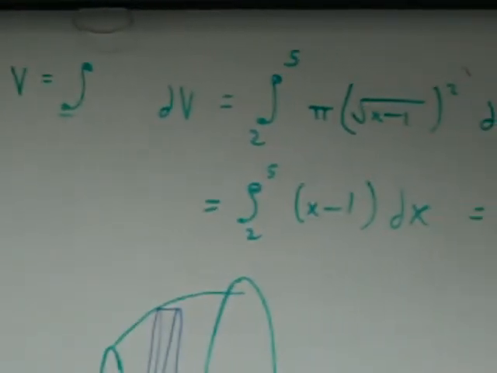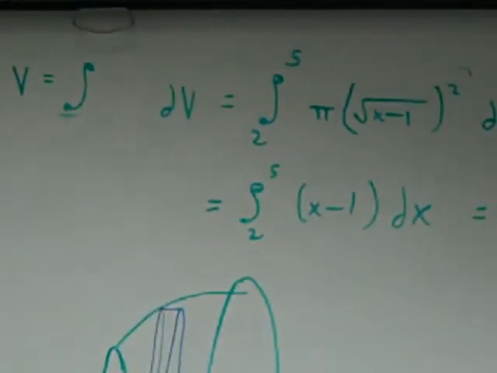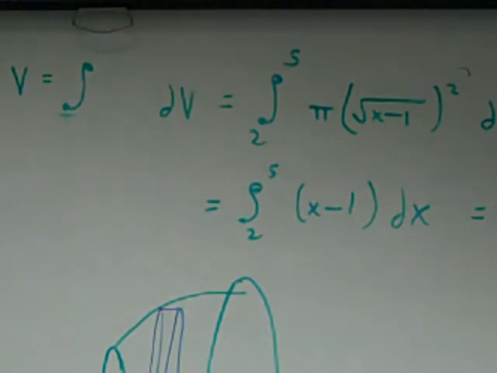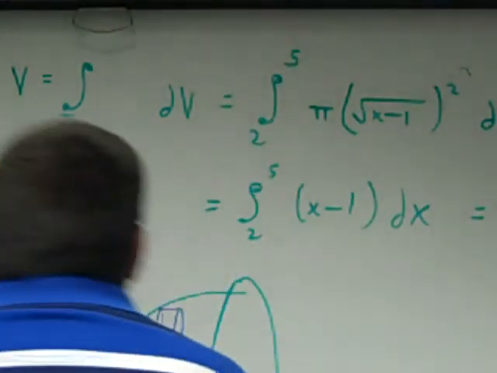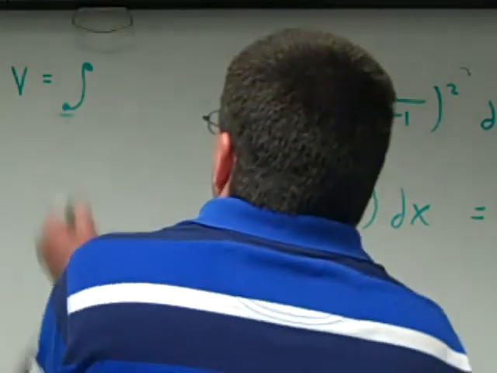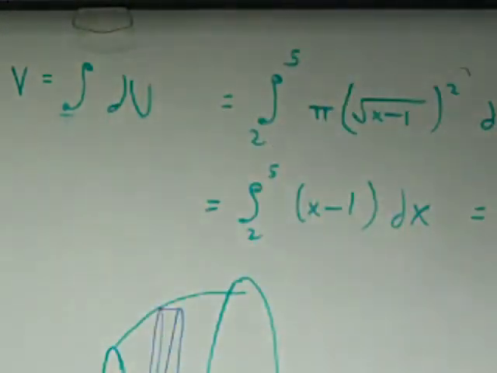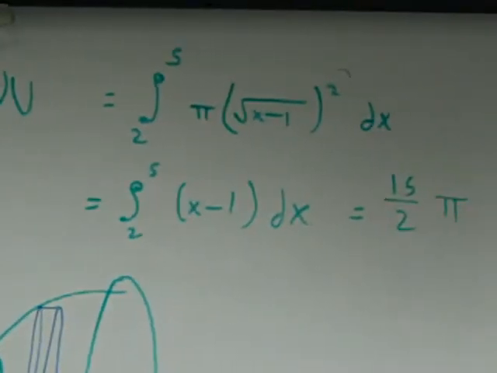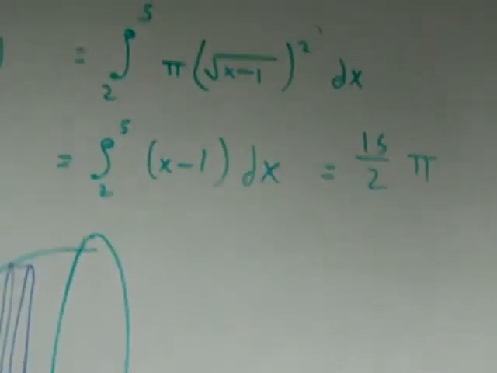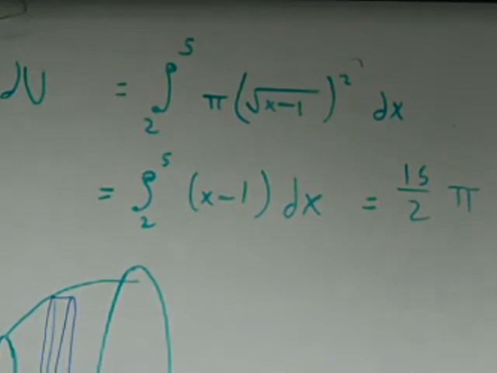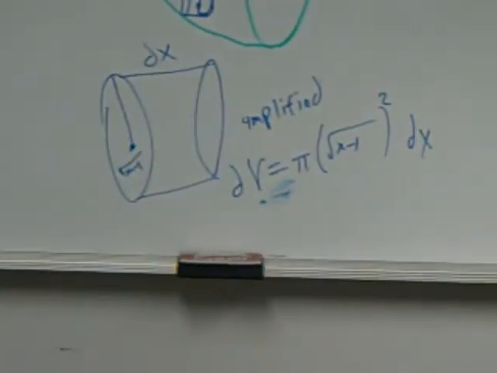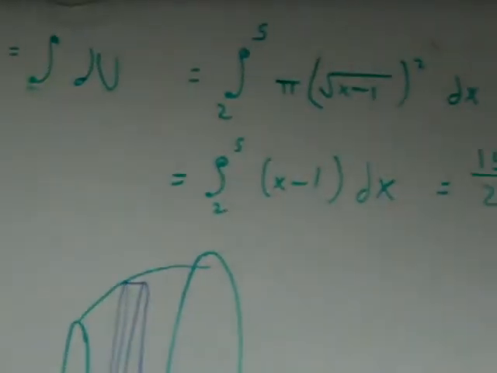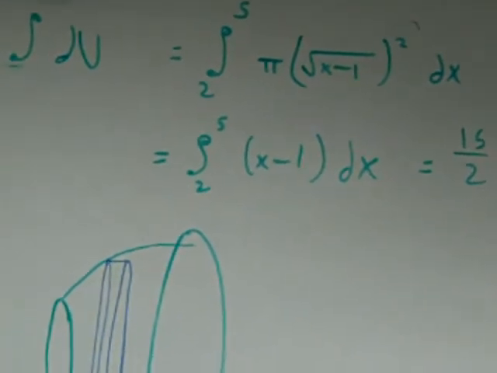So that's the integral of dV, which is equal to, I almost made it look like dV equals this. I need to move this dV closer to the integral. So let's move this dV in. So there's that, and that's the integral from 2 to 5 of this guy. Because remember, that's the integral from 2 to 5 of your dV, which is this guy. So you got that, and that's the integral from 2 to 5.